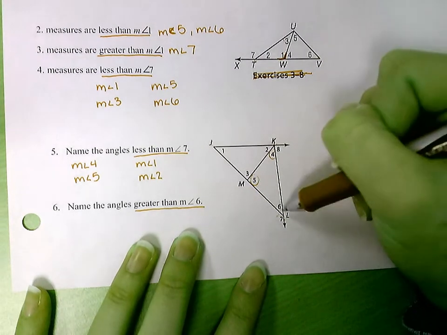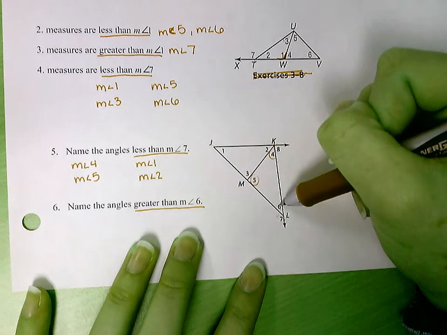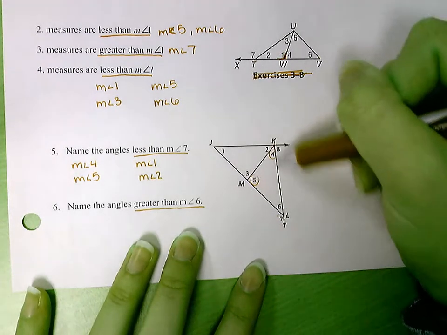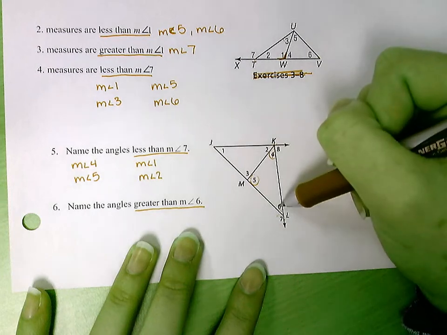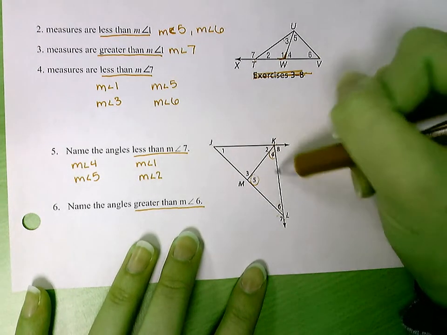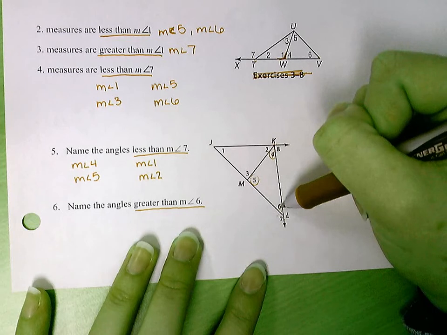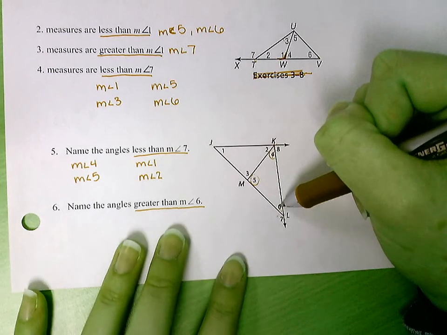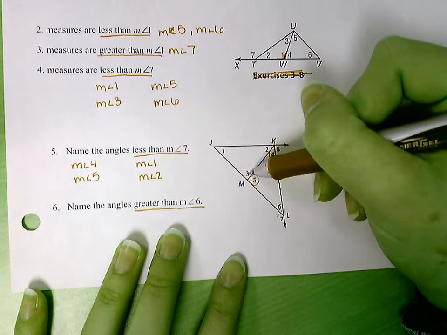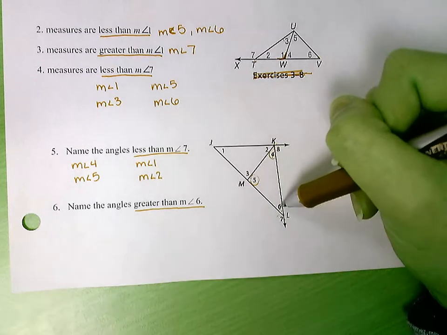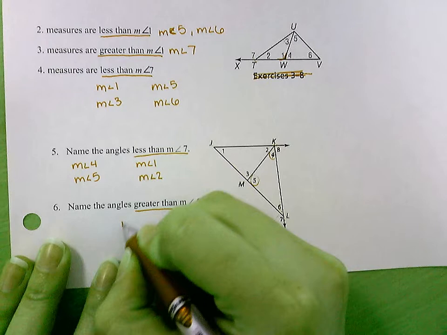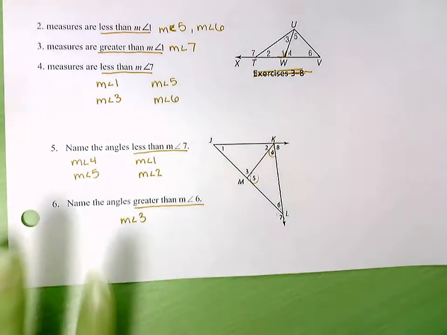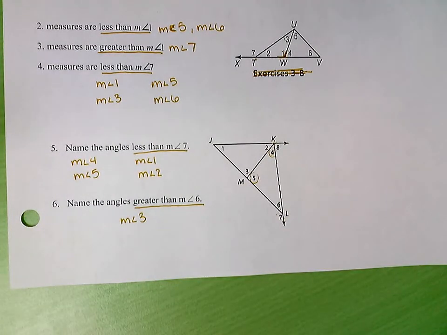So if I add together 4 and 6, what angle would that give me? Those are my remote interiors. What's your exterior? Not 7? 3. Okay, so 6 has to be less than angle 3. So angle 3 is greater than 6, since that would be an exterior.